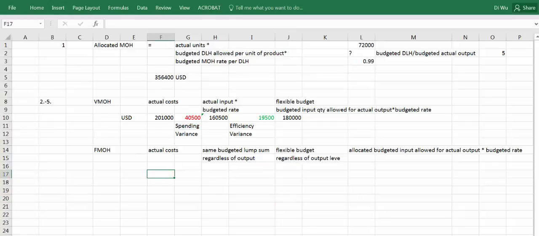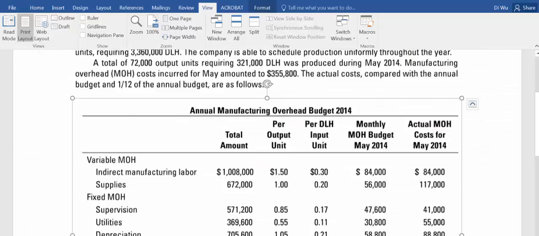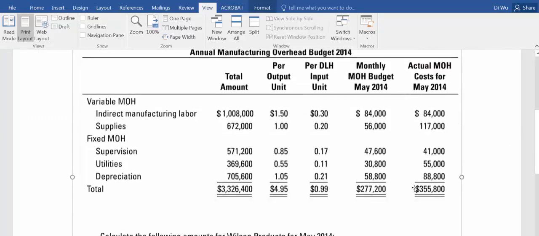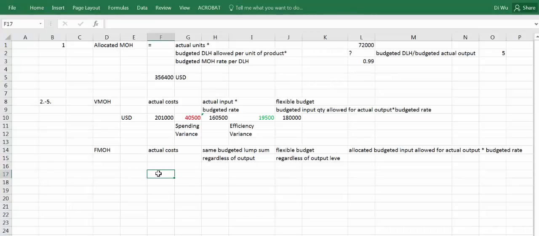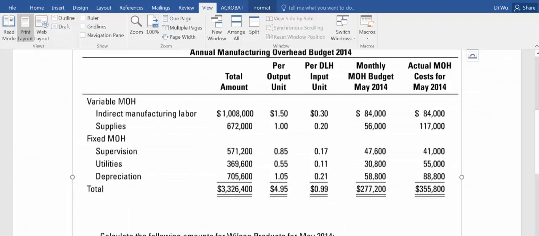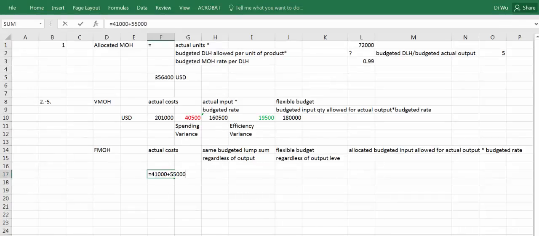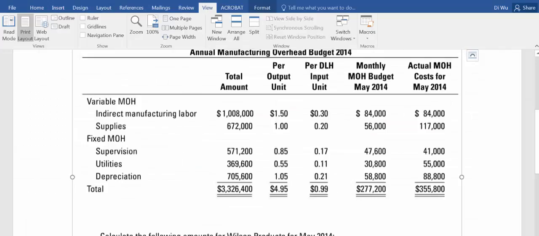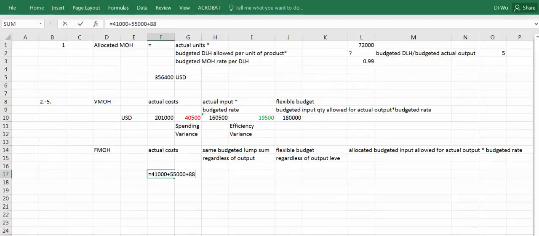For the actual costs, let's visit the table again. For the actual costs, that's what we have here. We're going to add 41,000 plus 55,000, then plus 88,800. That's how we find the actual fixed manufacturing overhead cost.